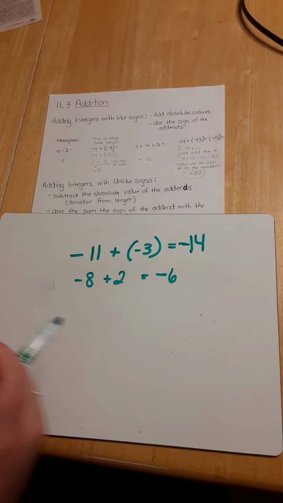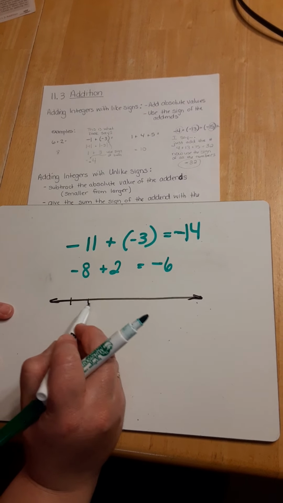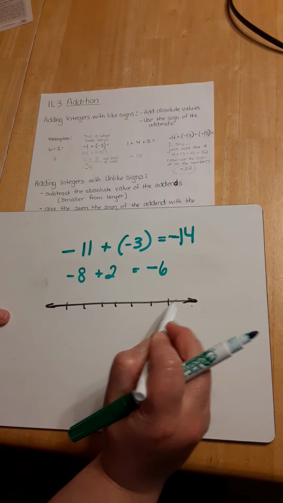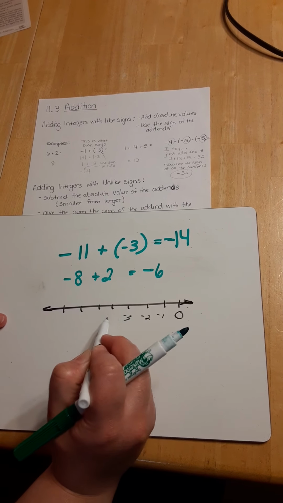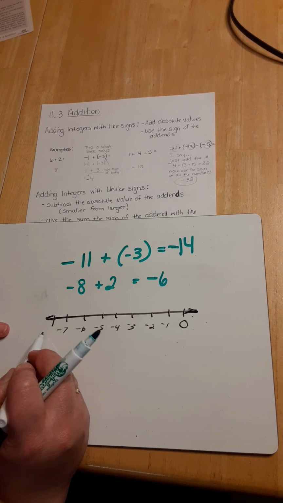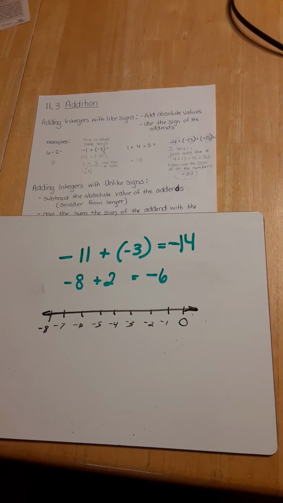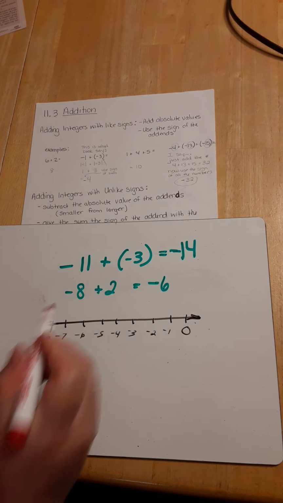Okay, if I wanted to do a number line for this one, here is 0. There's negative 1, negative 2, negative 3, negative 4, negative 5, negative 6, negative 7. Here's my negative 8. So I'm starting off my problem here at a negative 8.